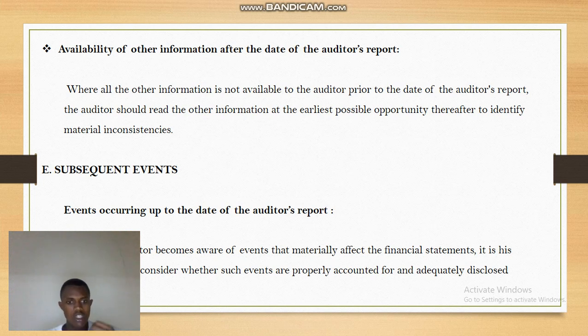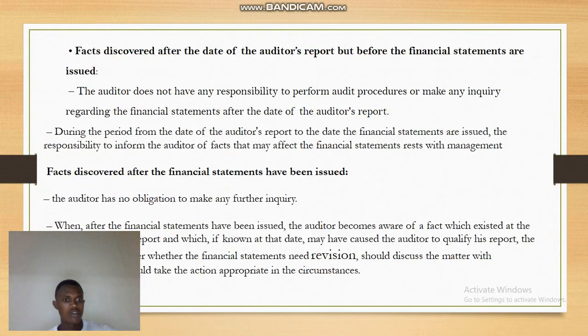When you discover a fact at the date of the audit report, just before the financial statement is issued, the auditor does not have the responsibility to perform audit procedures or make any inquiry.